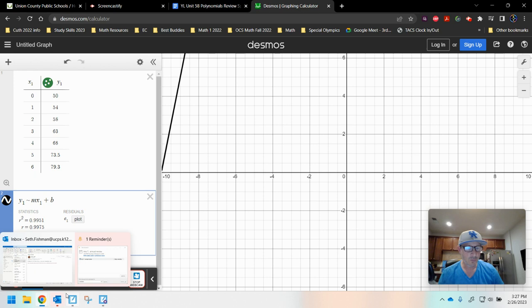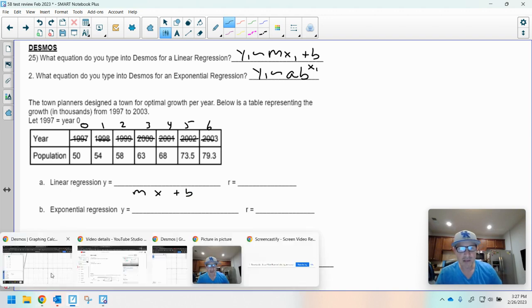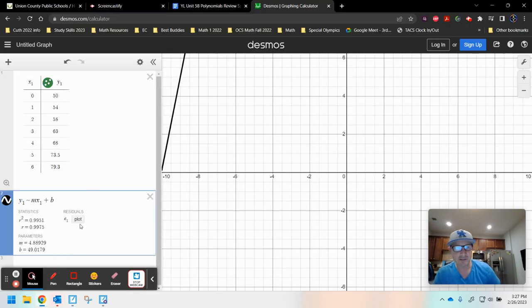All right, so what does it want to know? It wants to know the linear regression equation. So we need to know our M, our X, and then whatever our B is. We can round this to the nearest thousandth, which is three numbers after the decimal.